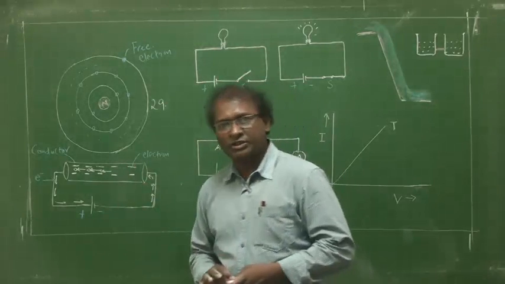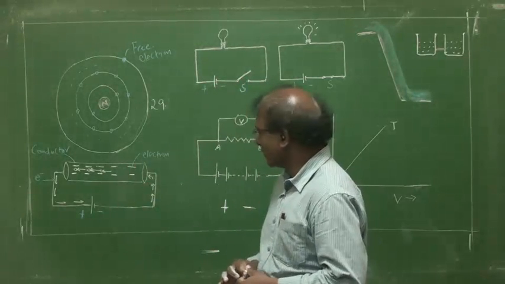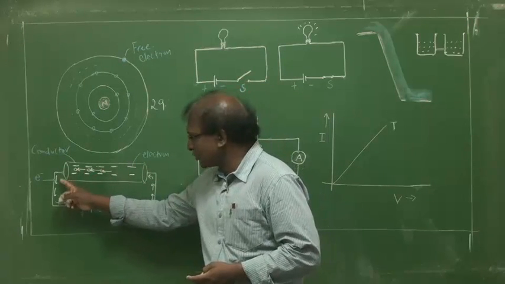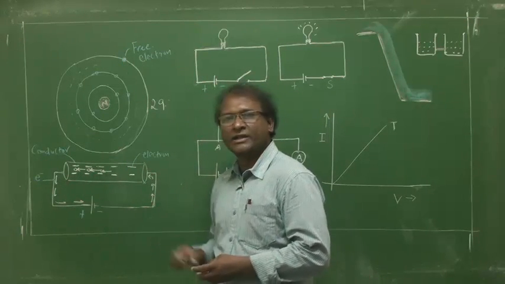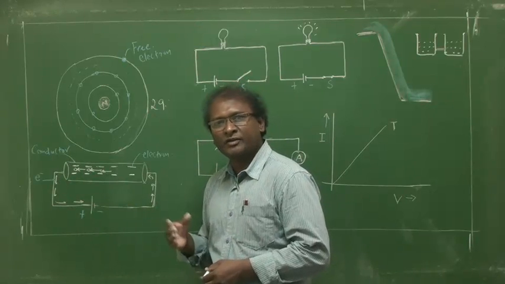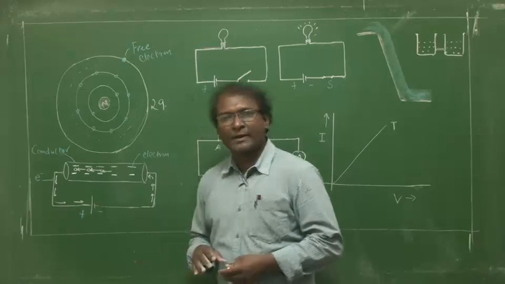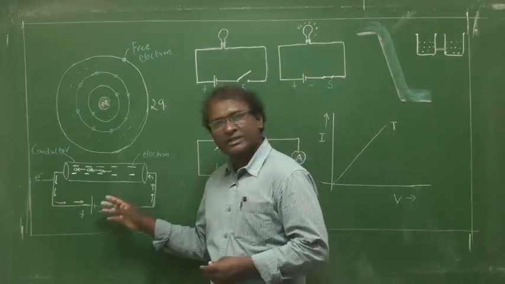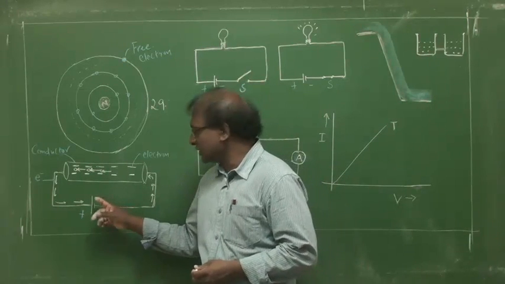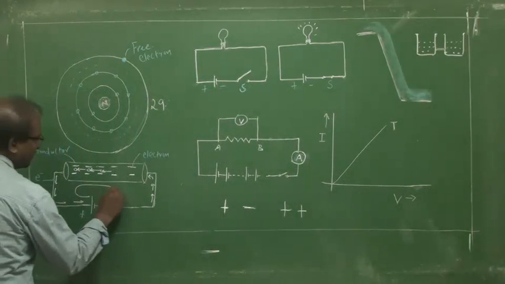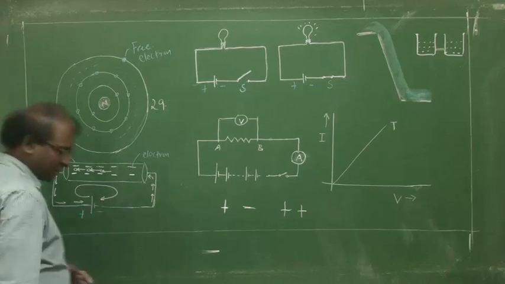One important note here is about the direction of the current. You have seen that the electrons actually are the reason why there is an electric current. But since ages, it has been followed that current flows from the positive terminal to the negative terminal of the battery.